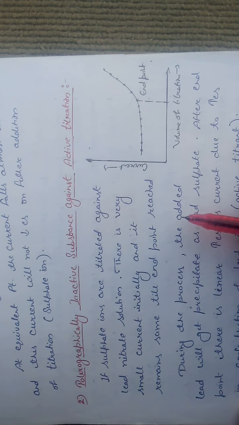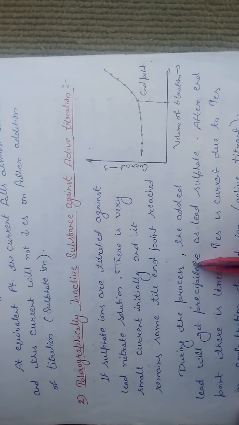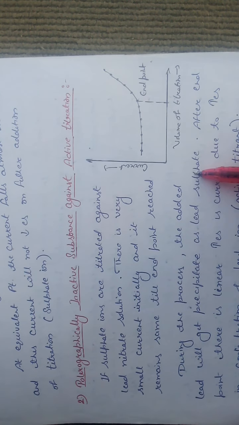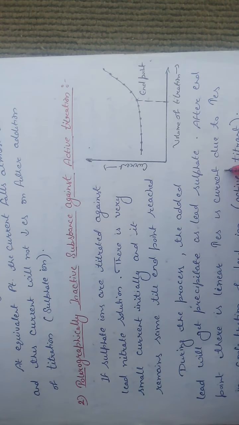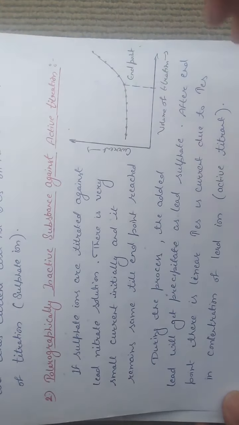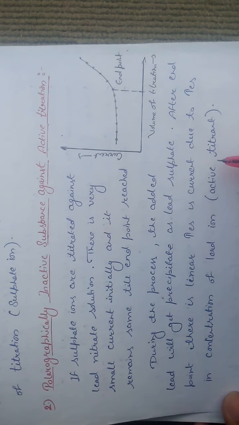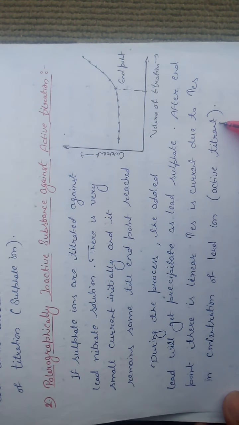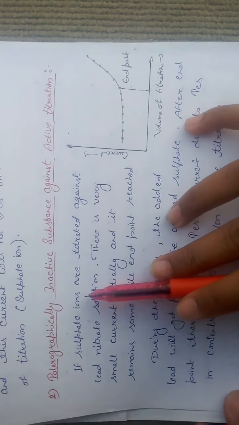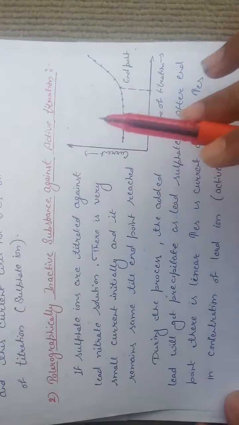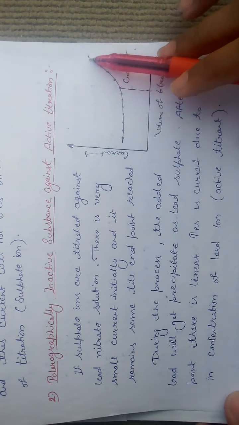During the process, the added lead gets precipitated as lead sulfate. After the endpoint, there is a linear increase in current due to the increase in concentration of lead ions, that is the active titrant. Here lead ions are the active titrant and sulfate ions are inactive. So the curve is shown as something like this.